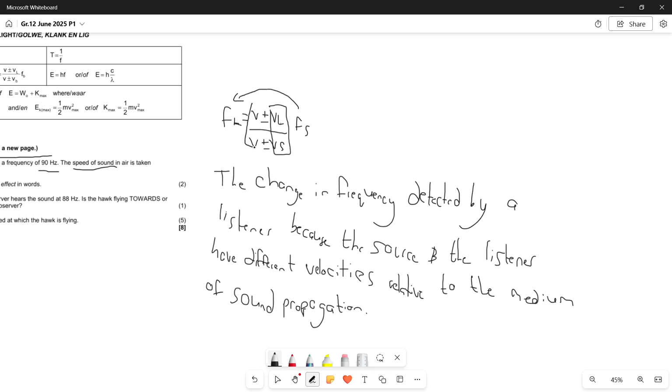And the medium of sound propagation is just whether it is traveling through air or through water or through steel, and the speed of sound through that medium.